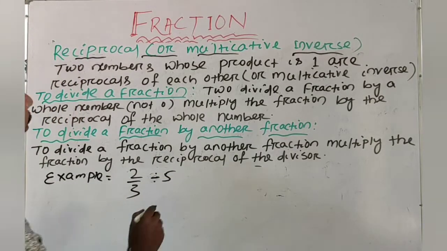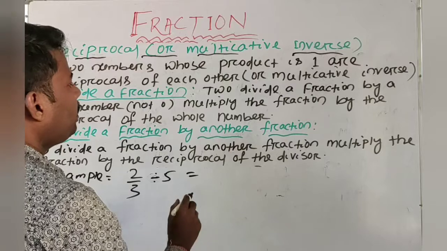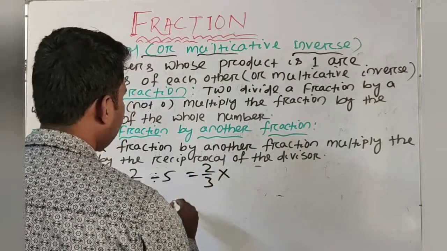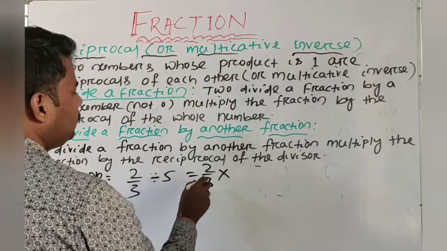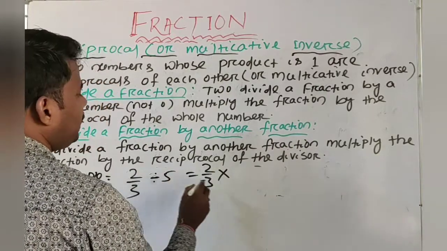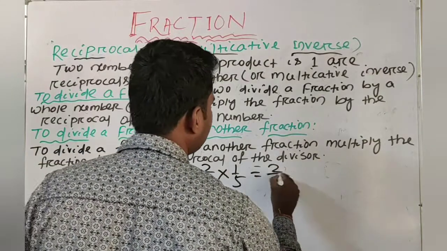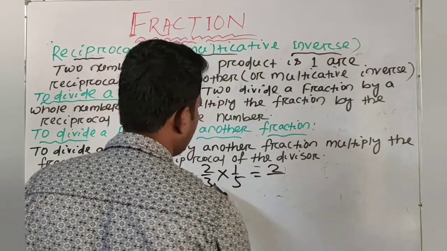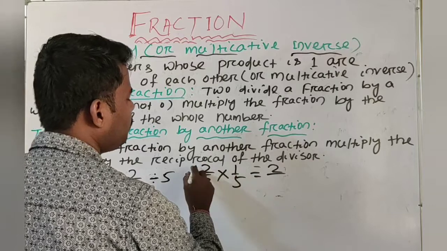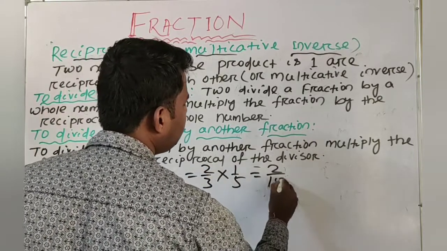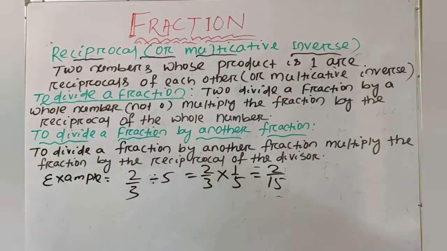First we have to convert the whole number into its reciprocal. So 2 by 3 multiplied by the reciprocal of 5, which will be 1 by 5. Then multiply numerators, then multiply denominators. 3 into 5 is 15, so 2 by 15 is the answer.